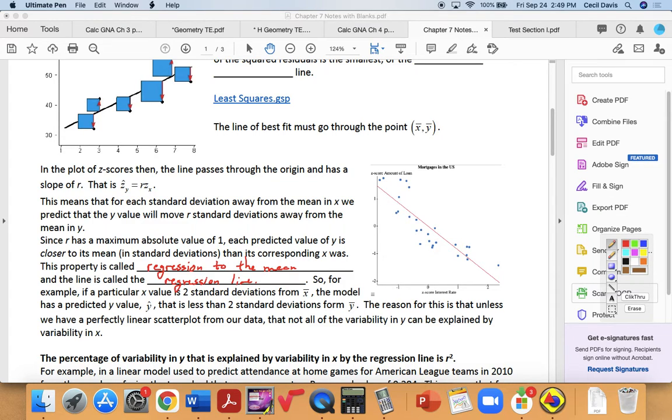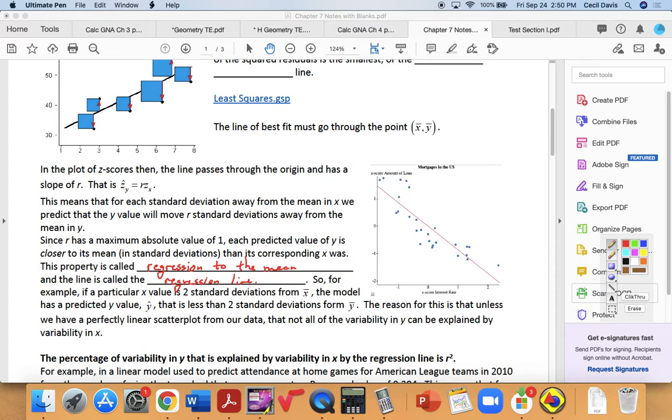Typically in sports, the regression to the mean is you have someone who one game goes off and hits 4 home runs or something like that. If you're trying to use that game to predict the next game, well, it's going to be less than 4 home runs, because 4 home runs is way outside of what they normally do. It's many standard deviations away from their average per game.